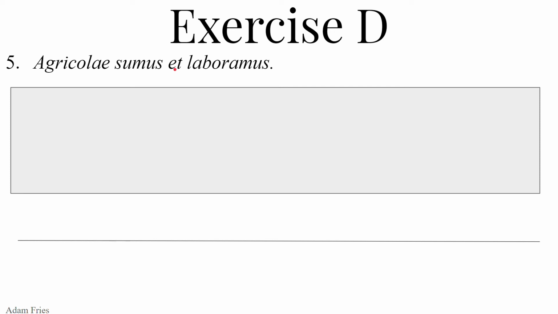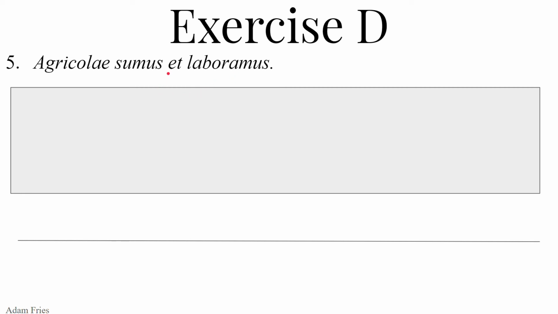Conjunctions join. So conjungo, they join together. Laboramus. So mus, first person plural of laboro, laborare, laboravi, laboratus, to work. So we work. Agricolae sumus, we are farmers. Et, and we work, and we are working.